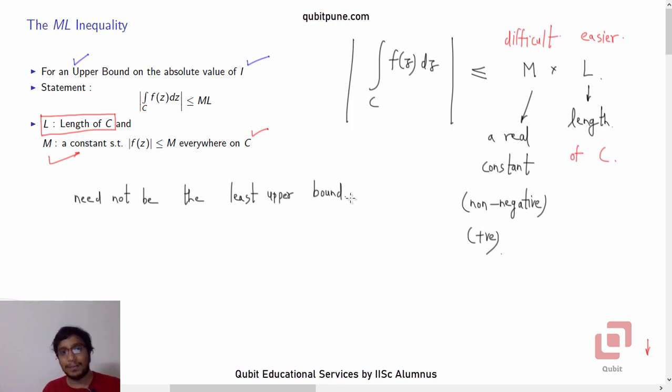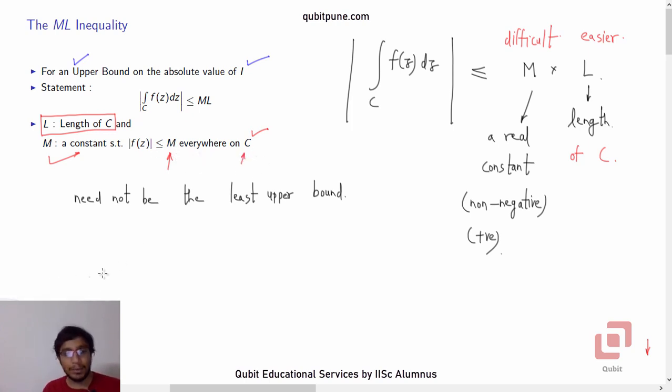Well, the least upper bound would require you to actually find the integral itself. But even if you manage to find even a single real number M which exceeds all possible absolute values of the function f of z on C, that is enough.